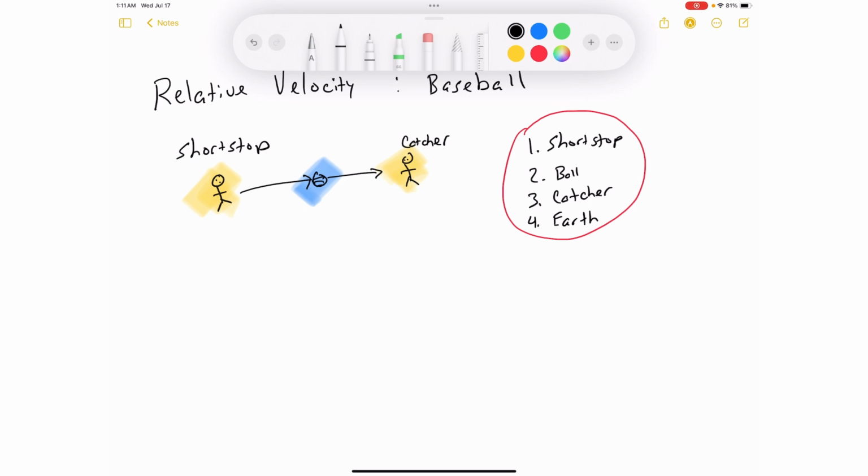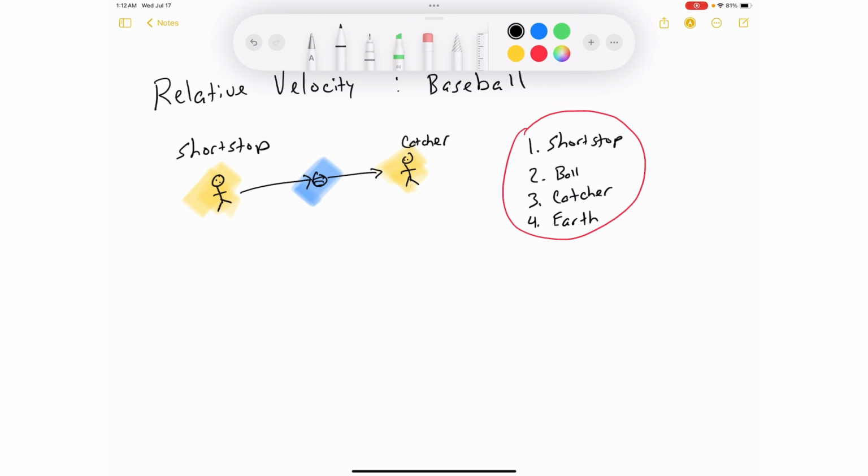If you're traveling in a car going 50 miles an hour, that's relative to what? The earth or the ground. Usually when we talk about speeds or velocities, it is relative to the earth, so we want to make sure we include the earth.